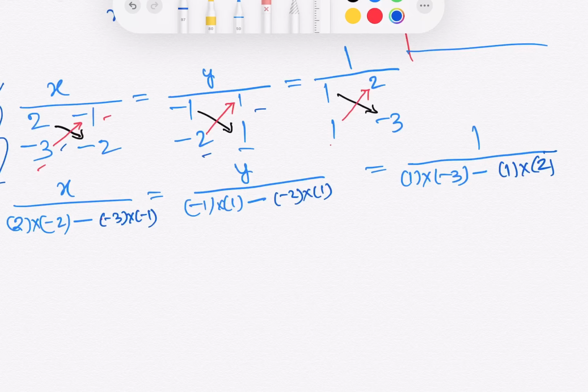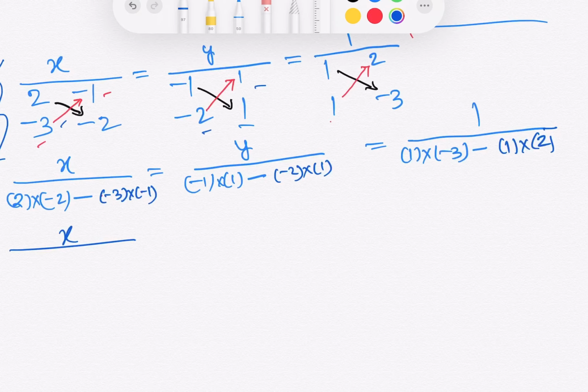So now simplify the expression here. x divided by minus 2 into plus 2, which is minus 4, and now minus 3, minus plus, now plus 3 is equals to minus 3.